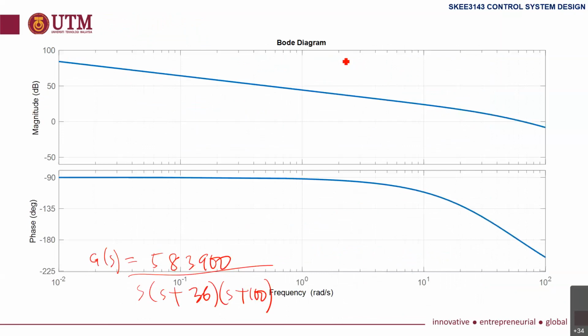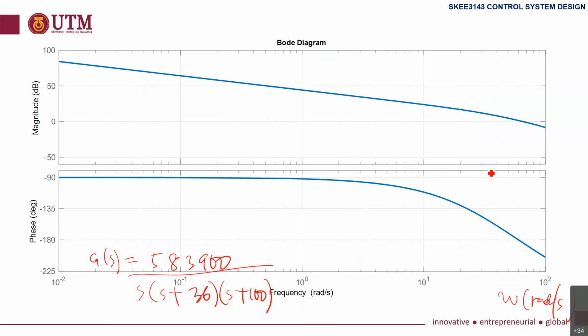I also plotted with the same scale from 0.01 to 100 in omega, radian per second, with the same four decades here. So this is the original system with K here.